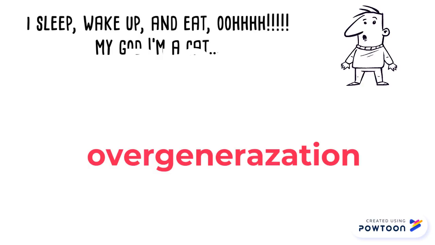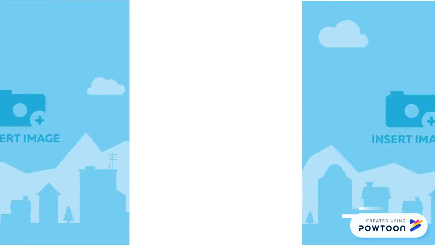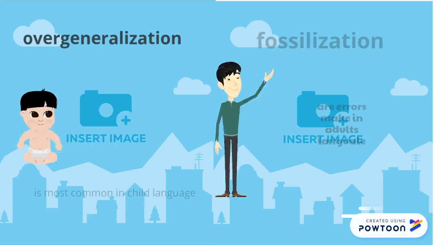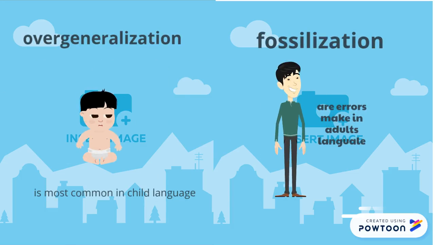The difference between fossilization and generalization is that fossilization is an error in the adult learning process, and generalization is a mistake in the children's learning process that they can solve later.